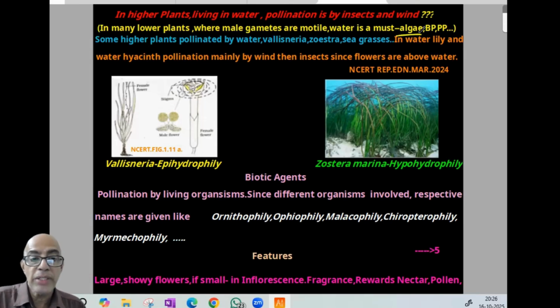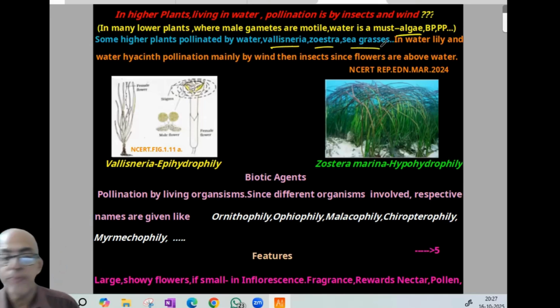But some higher plants, angiosperms, are pollinated by water, for example Vallisneria and Zostera, sea grasses. But remember, in water lily and water hyacinth, an important question, pollination is mainly by wind, then insects, since flowers are above the water. This is the Vallisneria NCERT diagram.